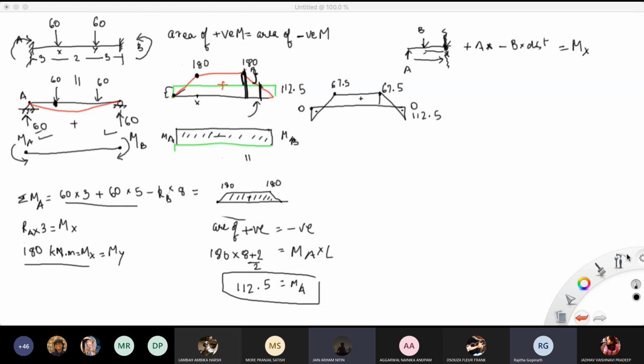Yes, and that is why I did this step here. Can you see this one? I did it so that in case we didn't know what the reaction RB is, then taking MA equal to 0, when you put RB you will be able to find out what RA and RB are. Okay. Yeah. Okay.